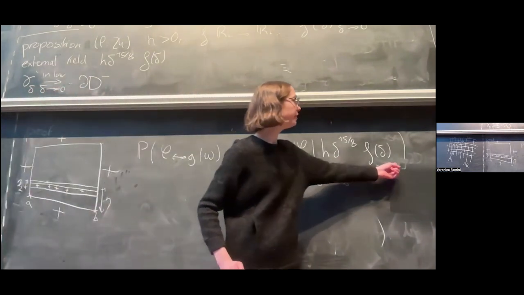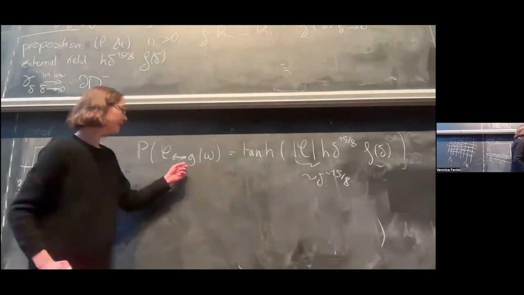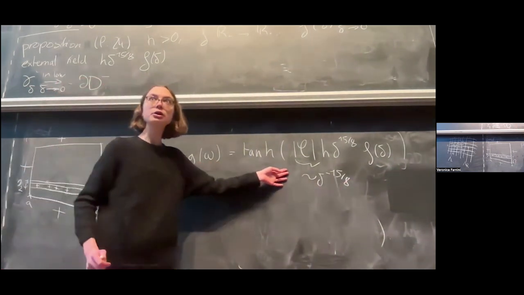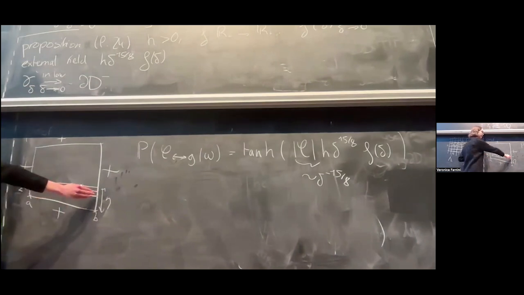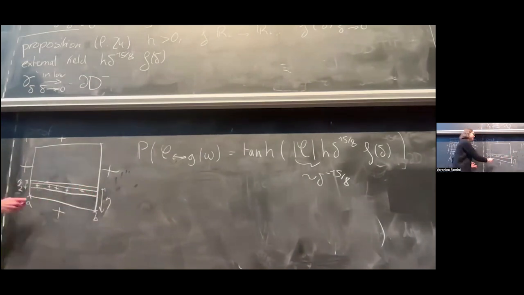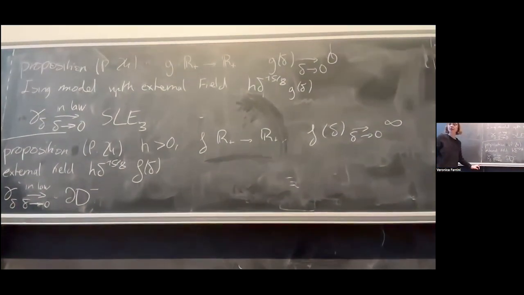But because you still have this f(δ) that goes to infinity, the probability of being attached to the ghost goes to 1. And this gives you a path of plus spins that crosses this rectangle, and that prevents your interface from going there, because you can't have a minus crossing here. And this is how you can show this type of result.